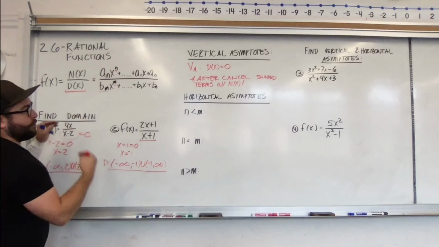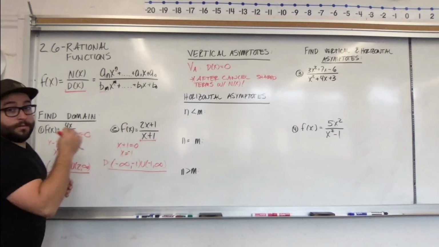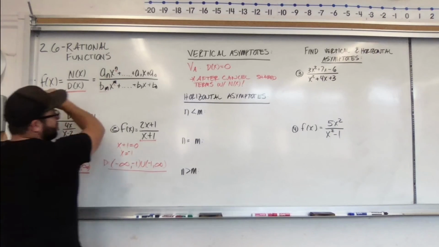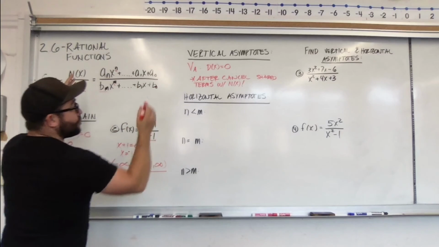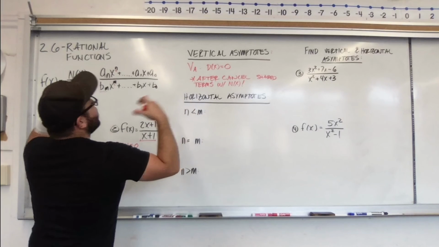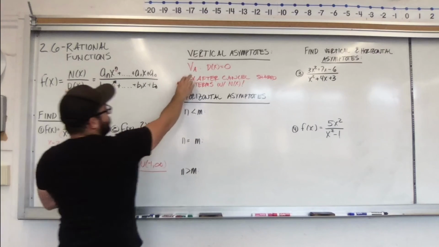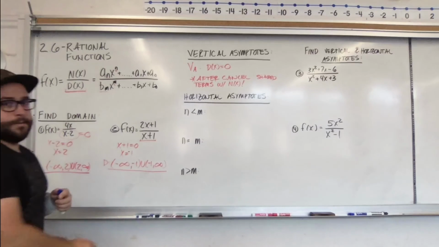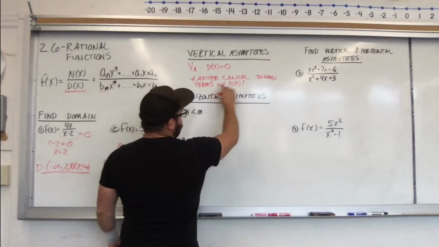And we'll see an example of that as our first one. So when we're looking for vertical asymptotes in general, we want to factor the top and the bottom, cancel out any of those shared terms, and then what's left over in the denominator, those are going to be our vertical asymptotes. And we'll see an example of what we mean by these shared terms with number 3.